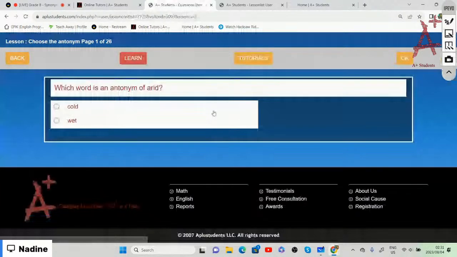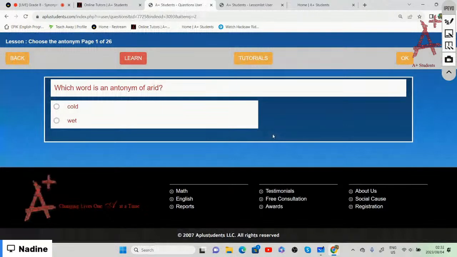We need to find now the antonym of arid. Is the antonym of arid cold or wet?